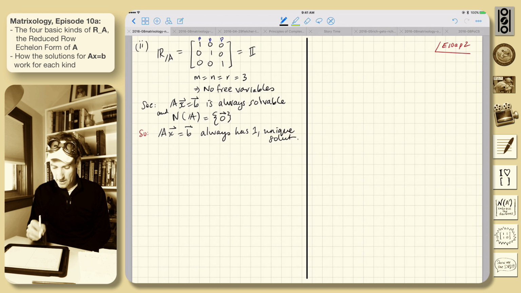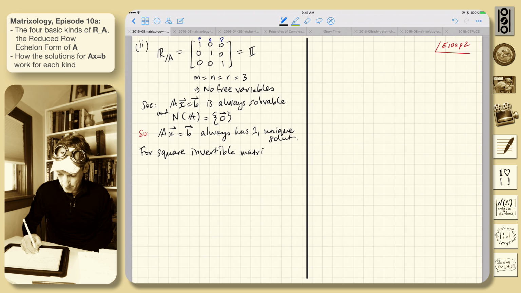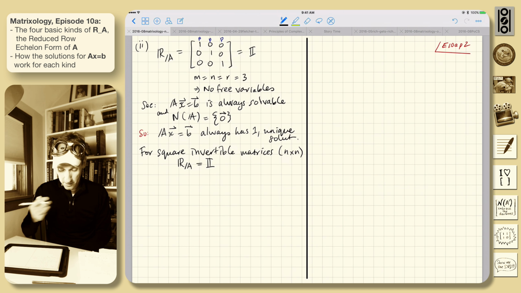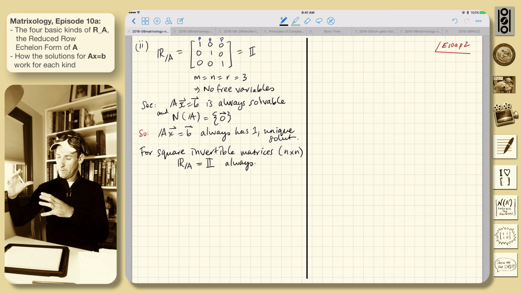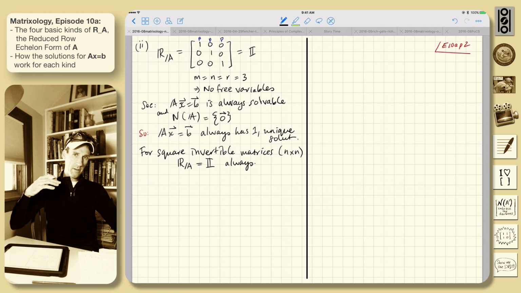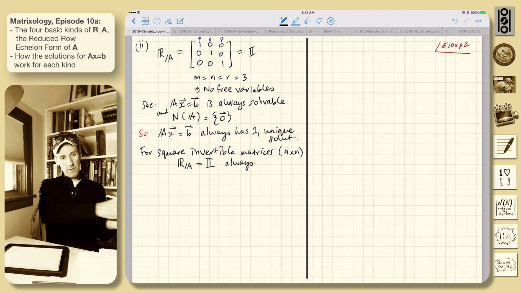And another thing to see here is that for square invertible matrices, ones we can undo, now we're talking about n by n, arbitrary. The reduced row echelon form of such a thing is just the identity always, because it sends each x to a b and we can undo it. If there are multiple x's that go to the same b, and in principle there will be infinitely many, then there's no way we can undo that.